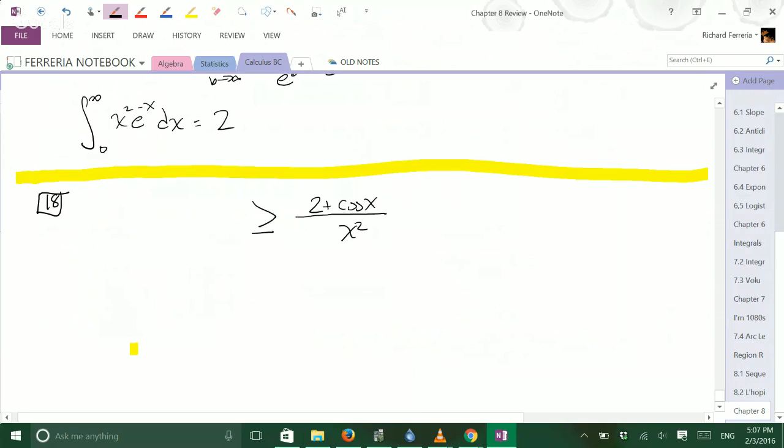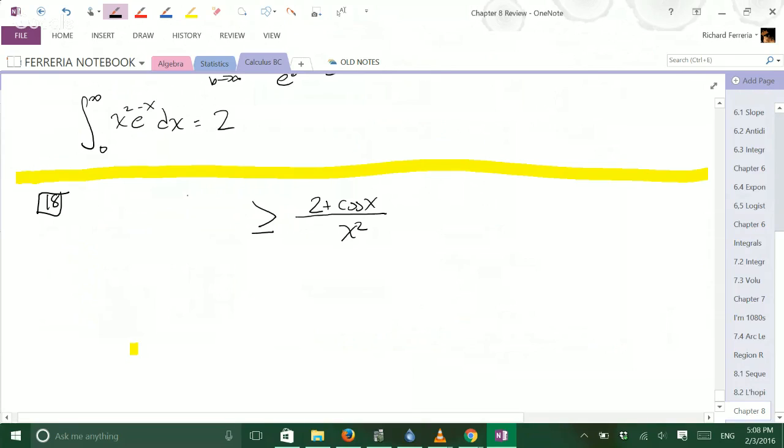Well, I can make the denominator smaller, but there's not a whole lot of simplifying here with that denominator. It's already x squared. It's already as simple as it gets. Or I can make the numerator big. How big could that numerator possibly be? 3, right? That numerator is always going to be less than or equal to 3.